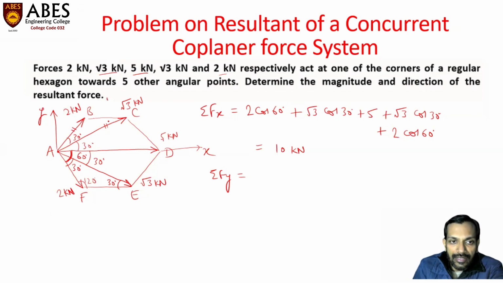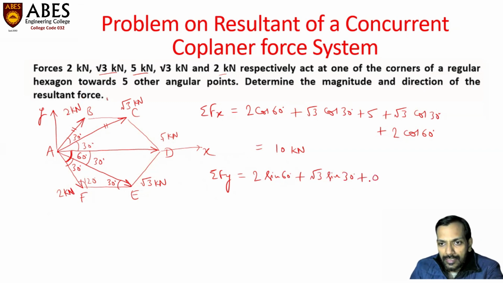So let's write 2 sine 60 plus under root 3 sine 30 plus 0, because there is no vertical component of this horizontal force. Okay, and minus under root 3 sine 30 minus 2 sine 60.